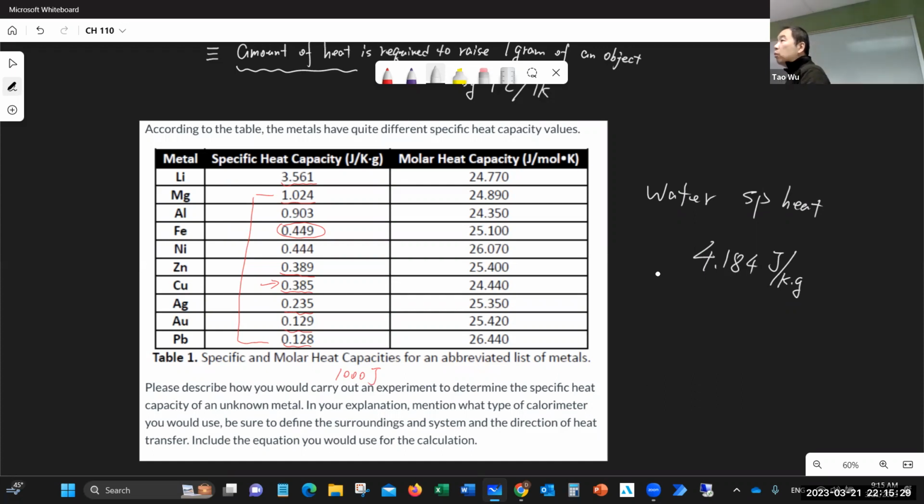That is why people like to go to the swimming pool or near the ocean or the lake in the summer, because the water is still cool compared to other materials. If you're sitting on a rock, it's going to be really, really hot.